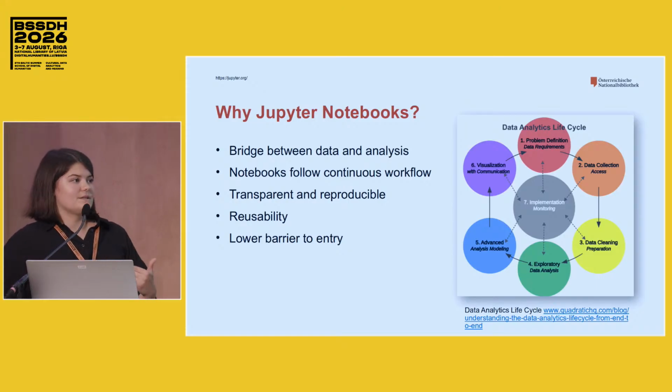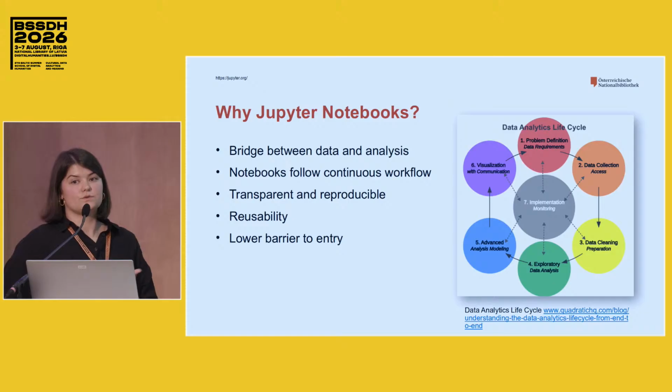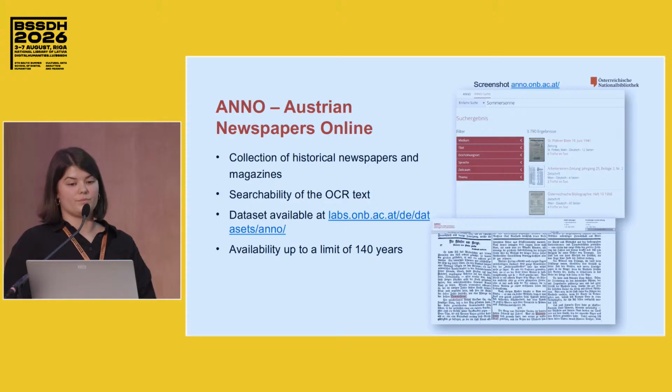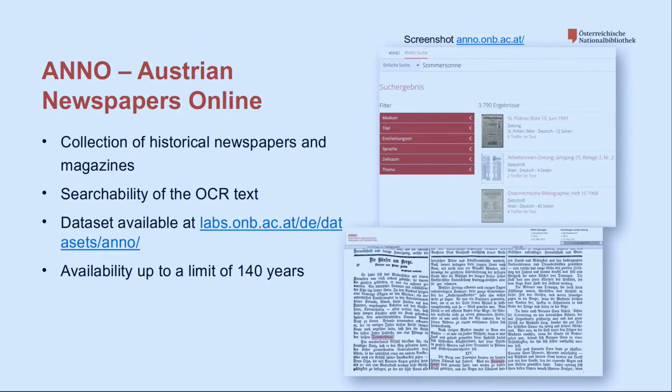So this makes the tool, Jupyter Notebook, really important for us and for the work we do with the OMB labs. And to show you some work we've done with the OMB labs and Jupyter Notebooks, I will present you some. So first of all, it's with ANNO, and ANNO is the Austrian Newspapers Online tool.